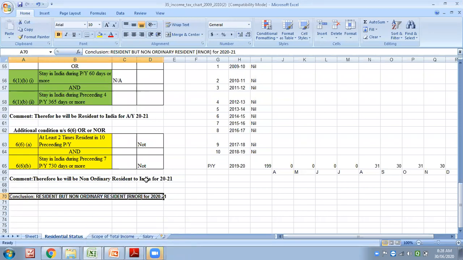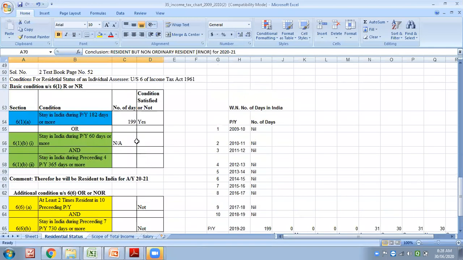Yes. 182 days, once you have satisfied that, then you need not worry about the other conditions. If it is less than 182 days, then only we have to check. So 182 days applies for all, whether you are an Indian resident or going abroad. 182 days means you have to get it, and once it is more than 182 days, automatically you become resident.